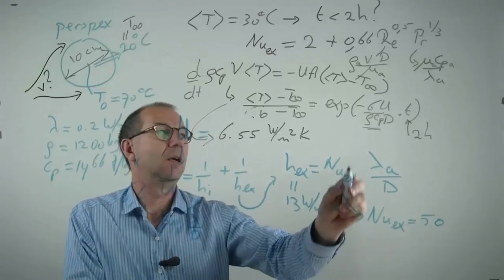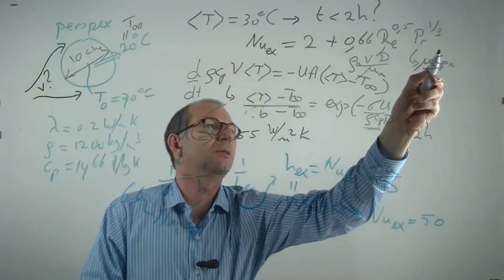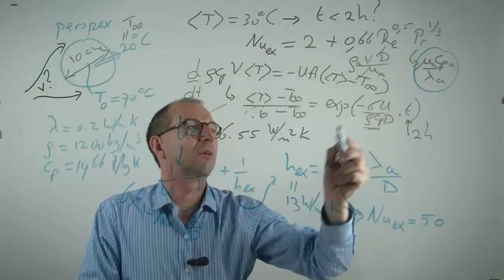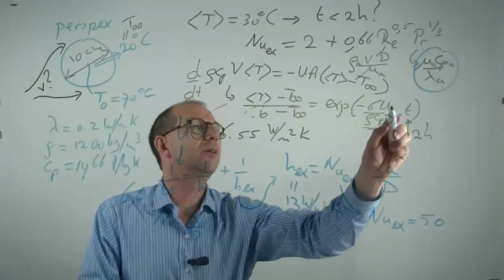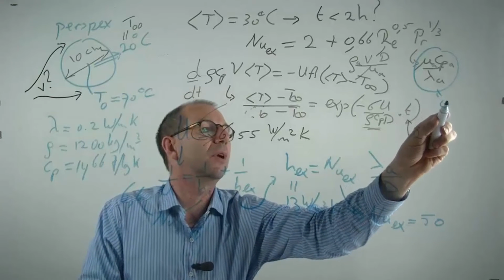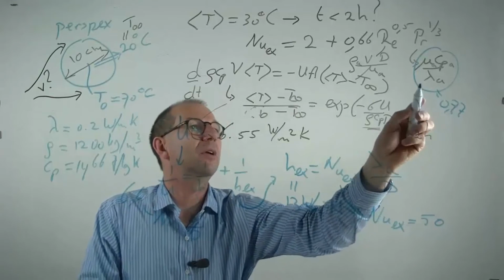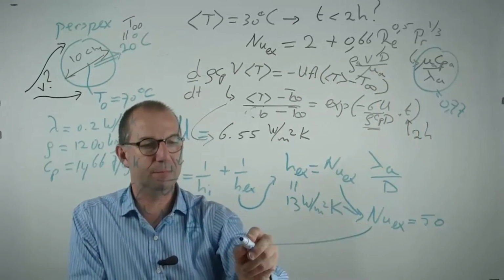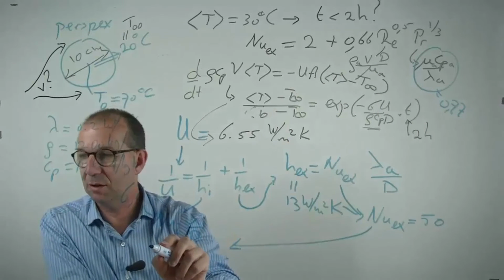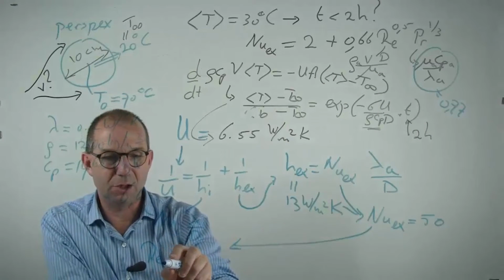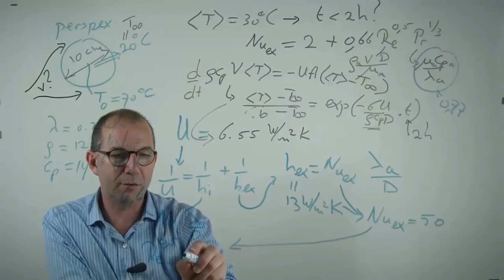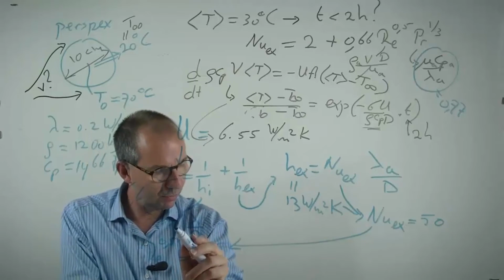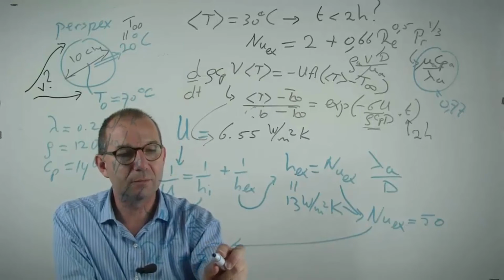Aha. If I now know Prandtl, I look up what the properties of air are, then Prandtl is 0.77. I can back out what the Reynolds number is. If I do that, I get out of this relation that Reynolds to the power 0.5 equals 79.